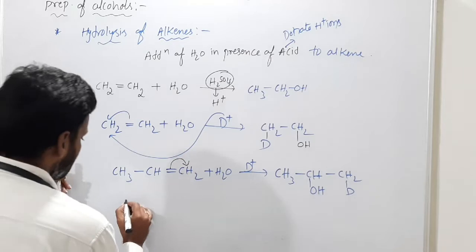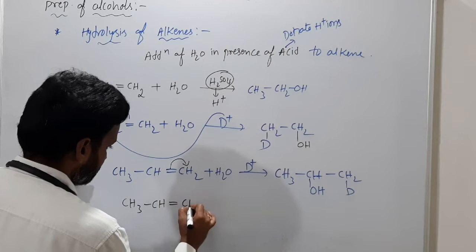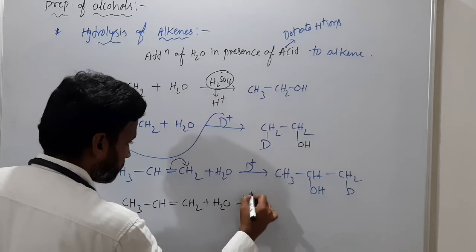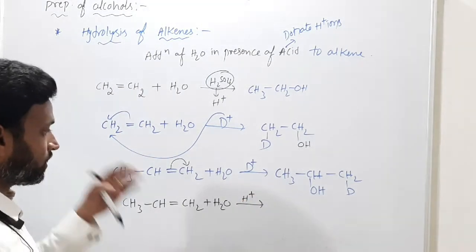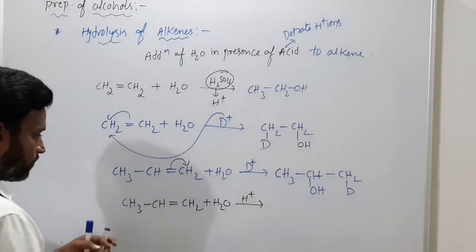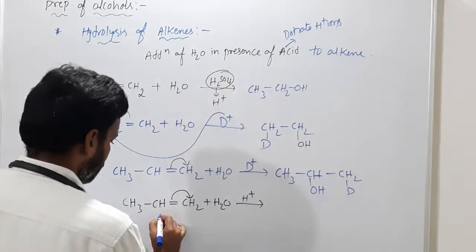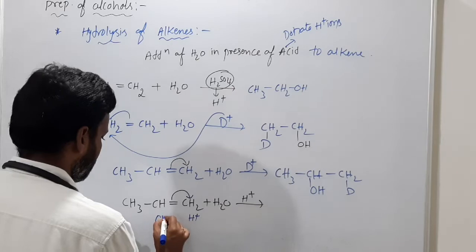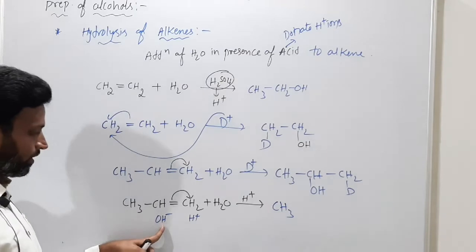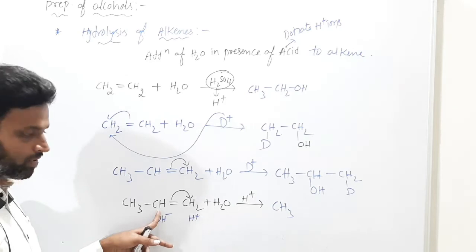But suppose here given like this CH3 CH double bond CH2, given water in presence of H plus, like this H plus or H2O. Now very simple, there is no peroxide, so according to Markovnikov's rule the reaction takes place. That means this will migrate over here, so H plus here and OH minus here. So the final product is, according to Markovnikov's rule, the negative species will act on the double bonded carbon which has less number of hydrogens.